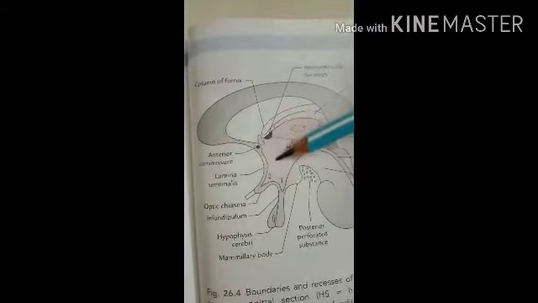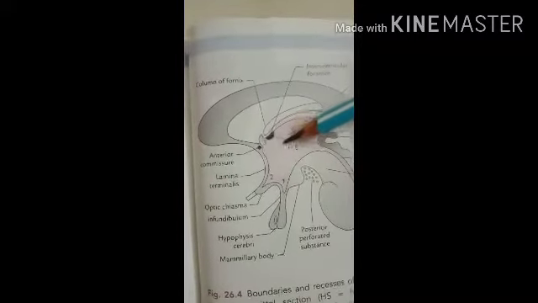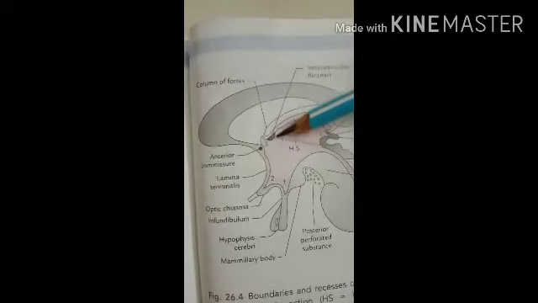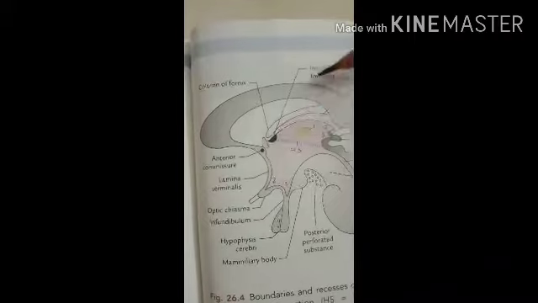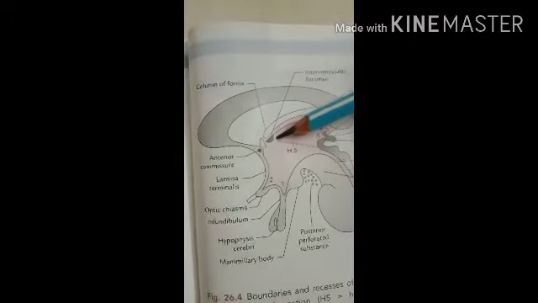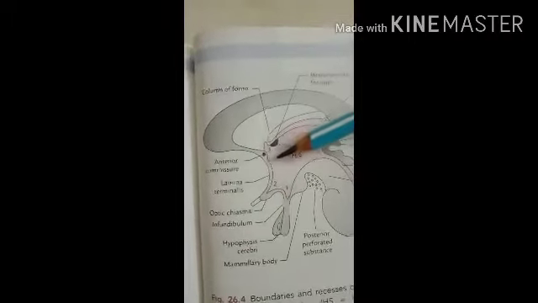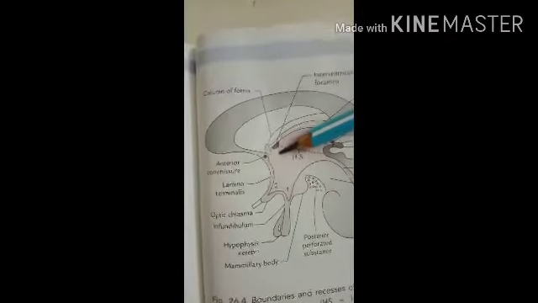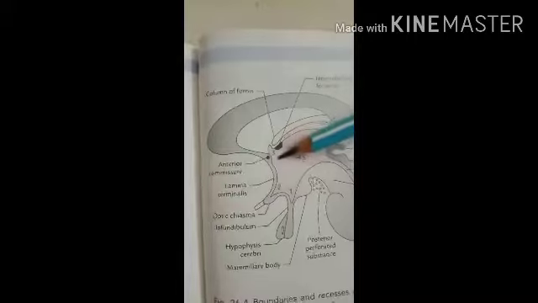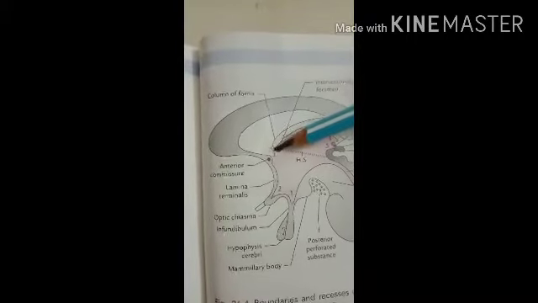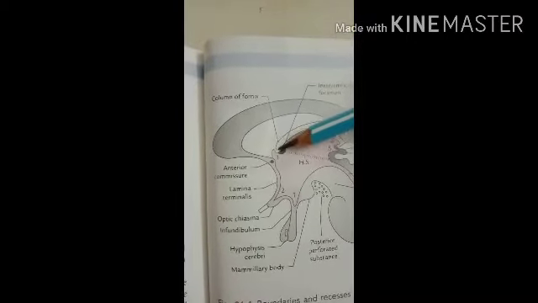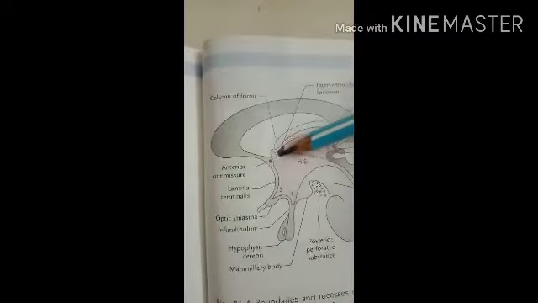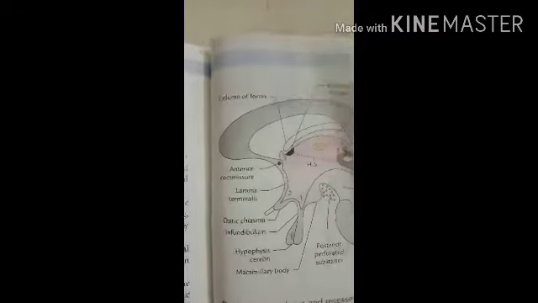It is a triangular recess which extends anteriorly in front of the interventricular foramen and behind the anterior commissure, between the diverging columns of the fornix.